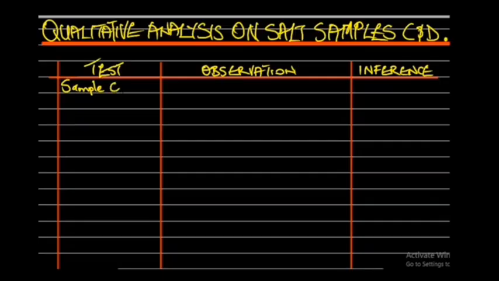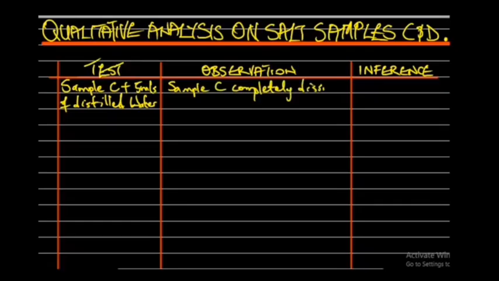Okay, so let's say sample C plus 5 ml of distilled water. When this particular test was carried out in the lab, what we observed was that it completely dissolved to give a clear solution.